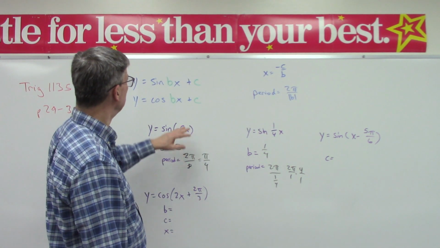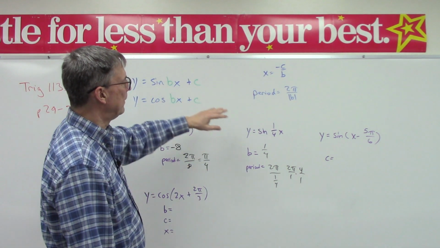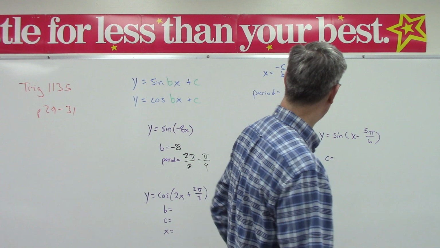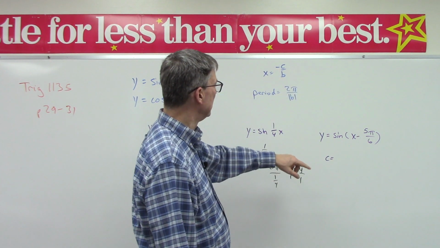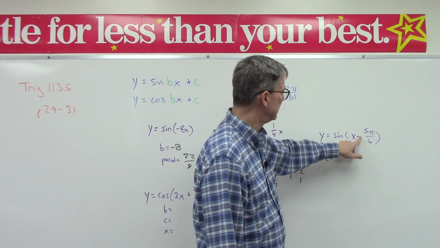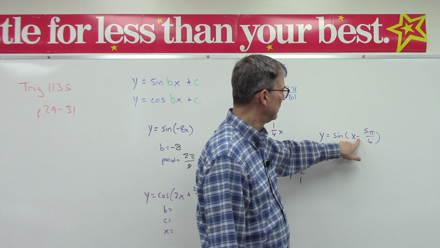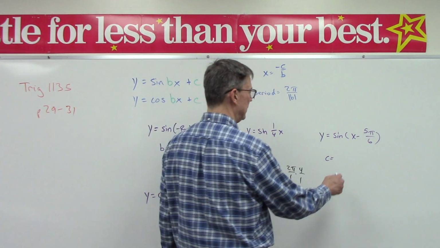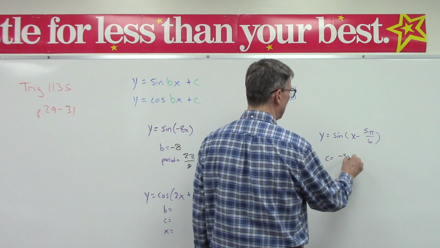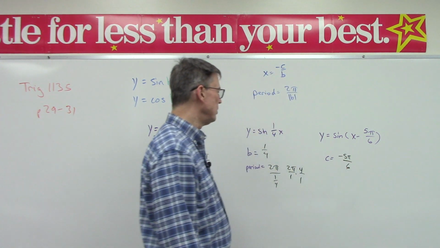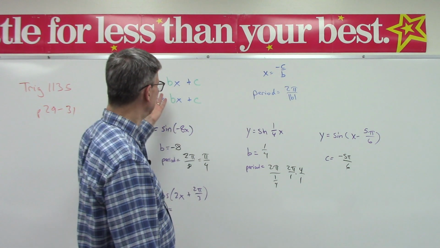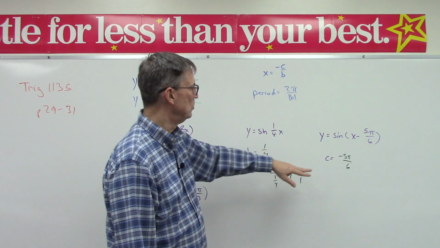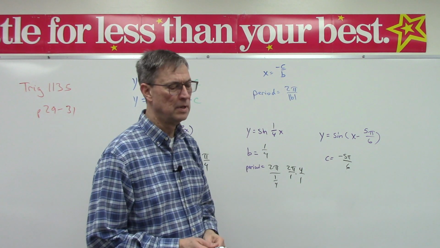Okay, bottom of page 30. And so to find the c value, we can just inspect it again and see that this is the b, and so whatever comes after that is the c value. So in that case, it's just going to be the negative 5 pi over 6. So those are pretty easy. We're really just inspecting what information is given, maybe plugging into this equation to find the c value.